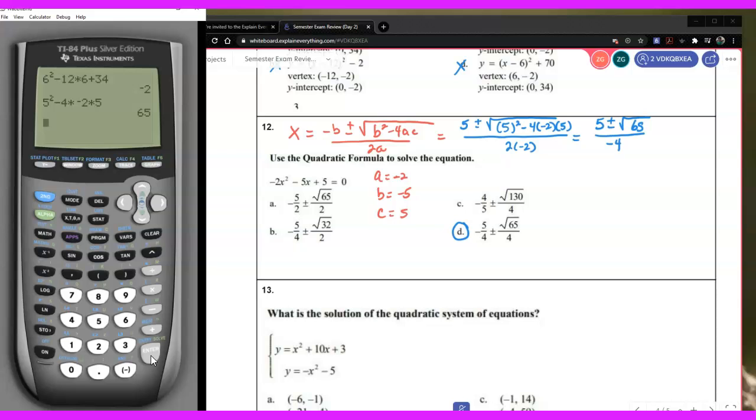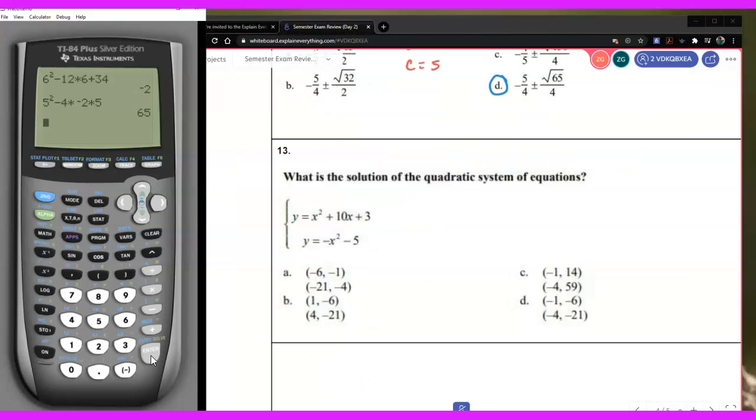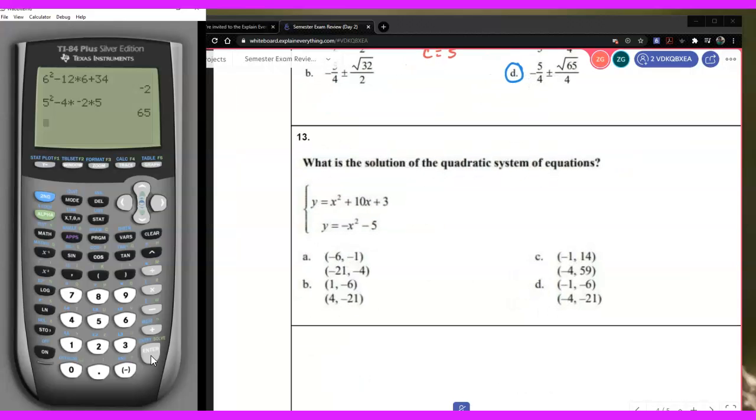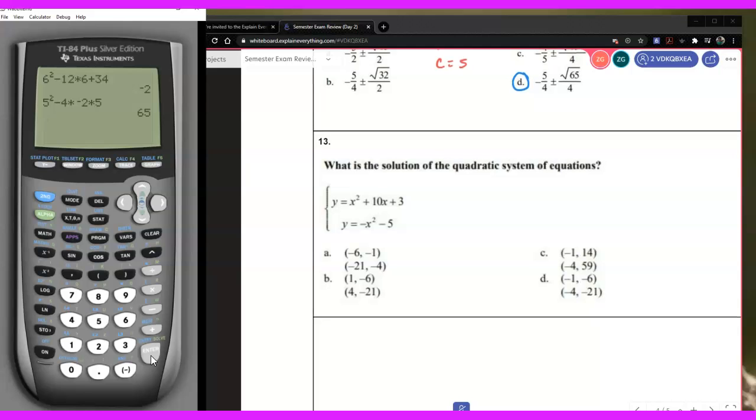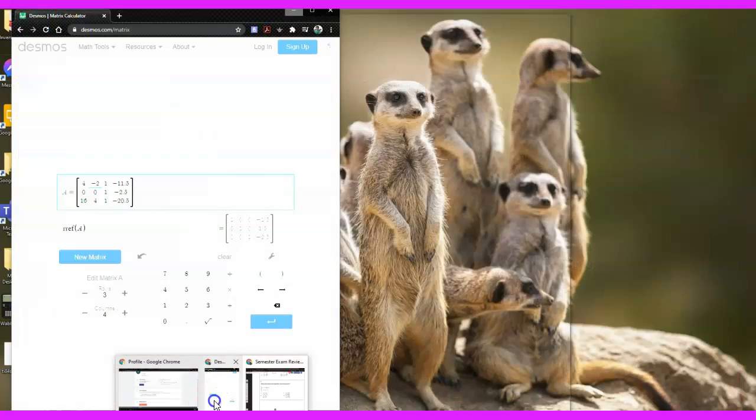Number 13. It says, what is the solution of the quadratic system of equations? What you can do is, I prefer that you use Desmos. So I'm going to go ahead and take out Desmos again.